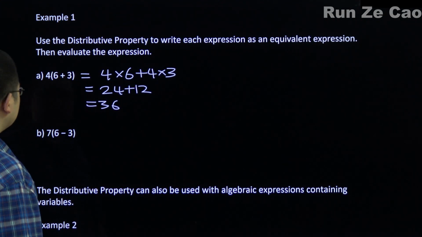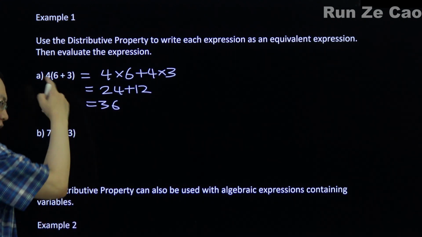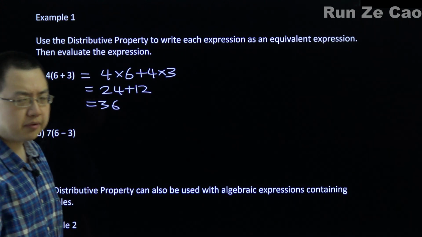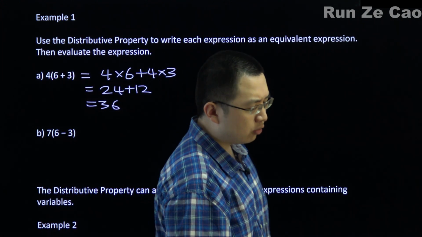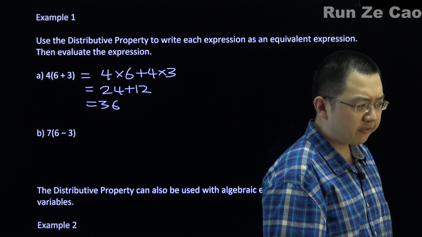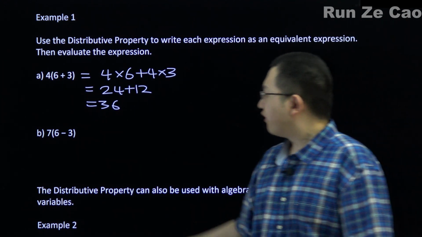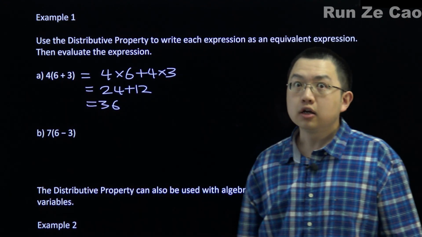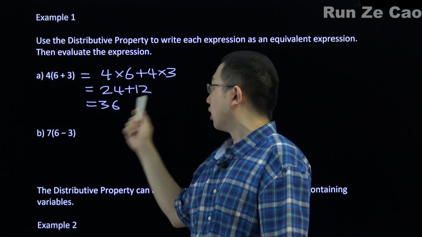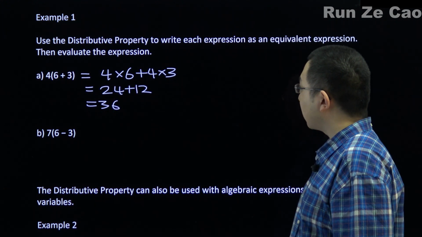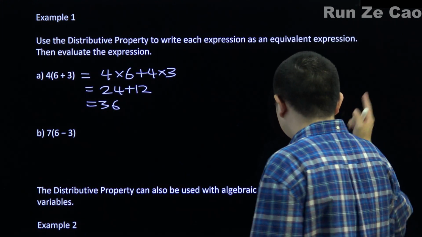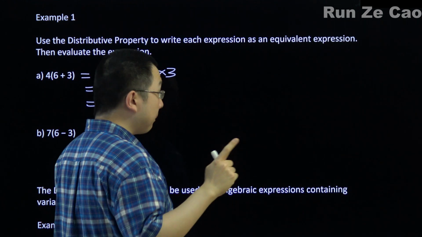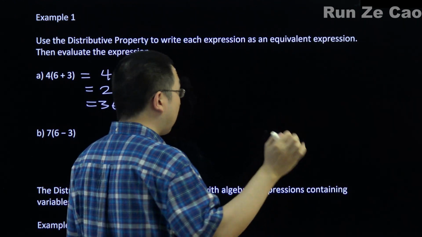When you're doing distributive property with small numbers, it is perhaps not the most brilliant idea in a lot of cases, because 4 times 9 is easier to write out than this, right? But if you are just using numbers, there are still times when distributive property is useful.